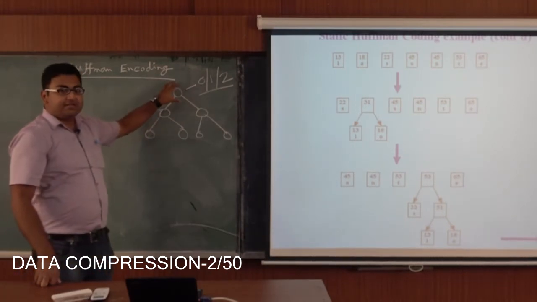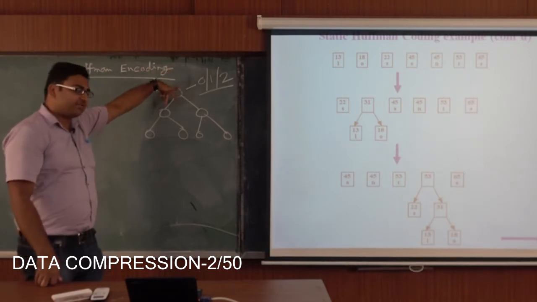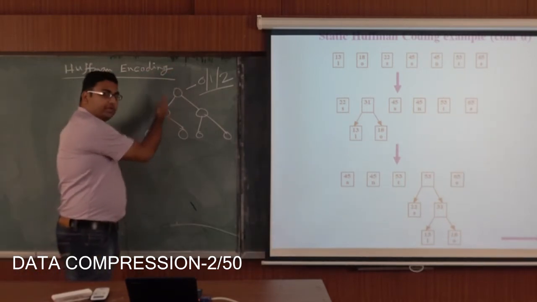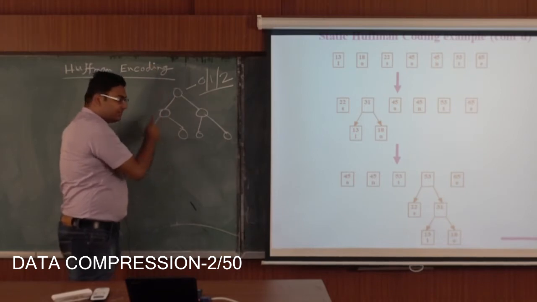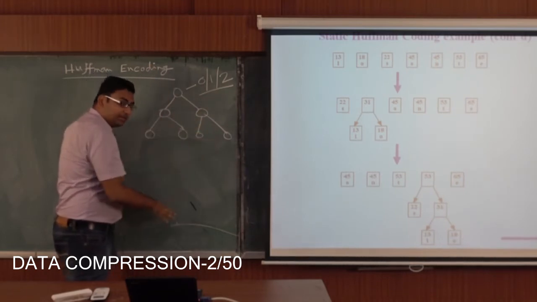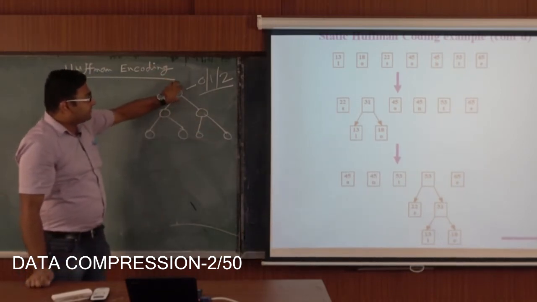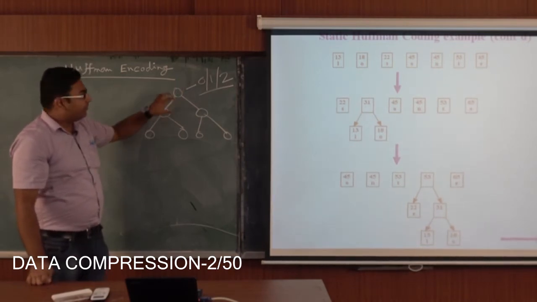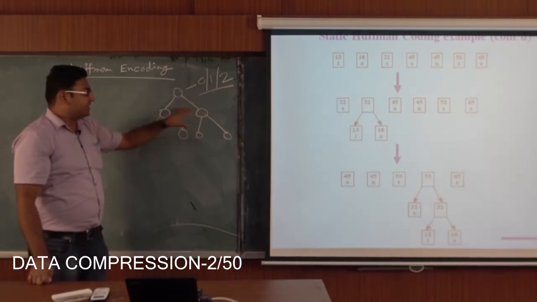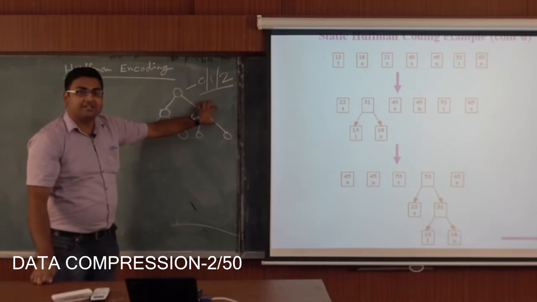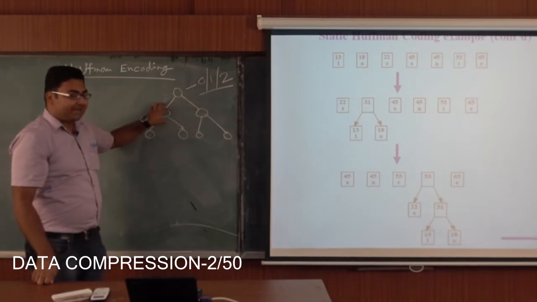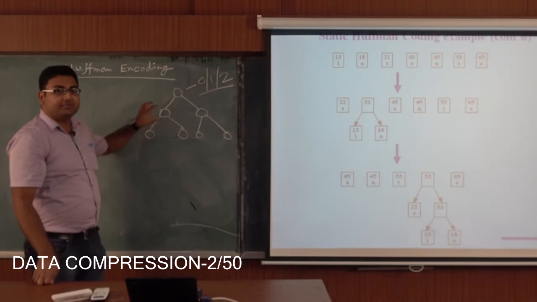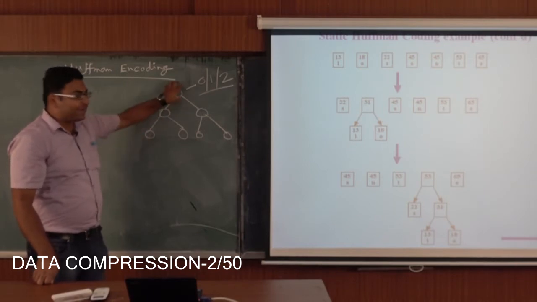A binary tree is represented like an inverted tree structure where the root is at the top and different children and branches are at the bottom, right? The first node is the root node, which has various children. This is the left child and this is the right child. In the same way, if this is the parent node, then these two are the children of this parent node, and this is the grandparent of this node.